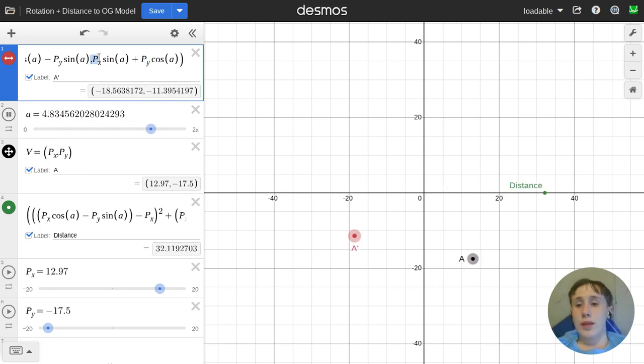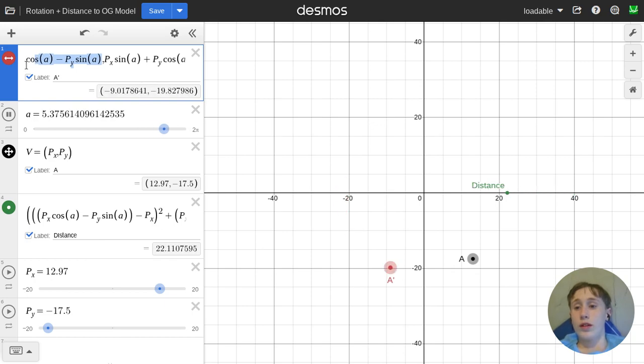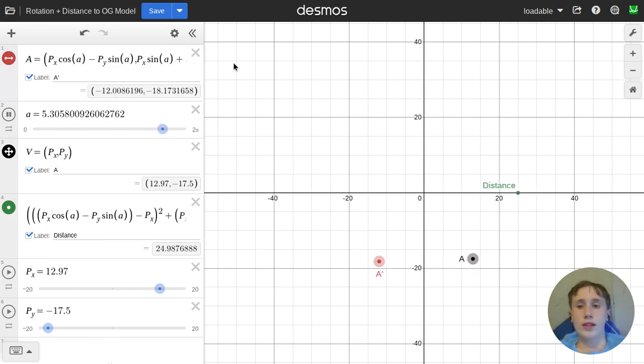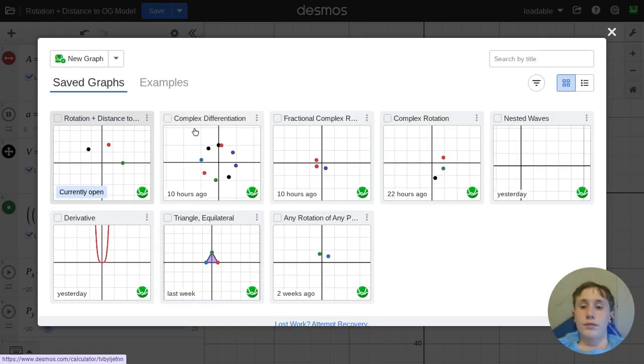It's the same for p x sine a. Also, this is the y coordinate, and this is the x coordinate. So if you ever want to do a rotation, that is the way you could do it. But also, the complex version works the same as well.